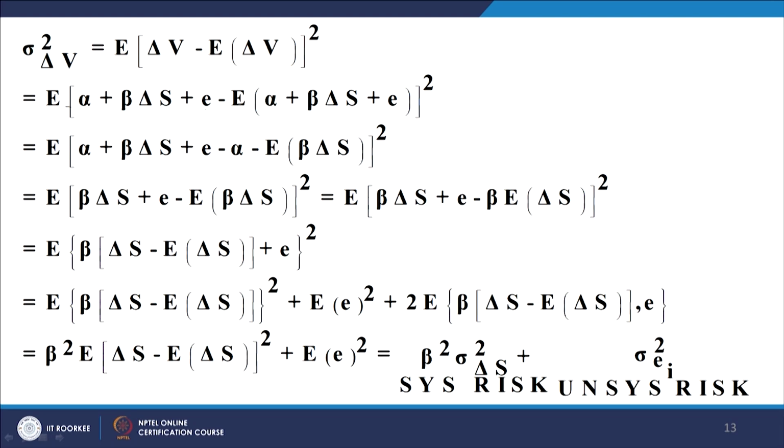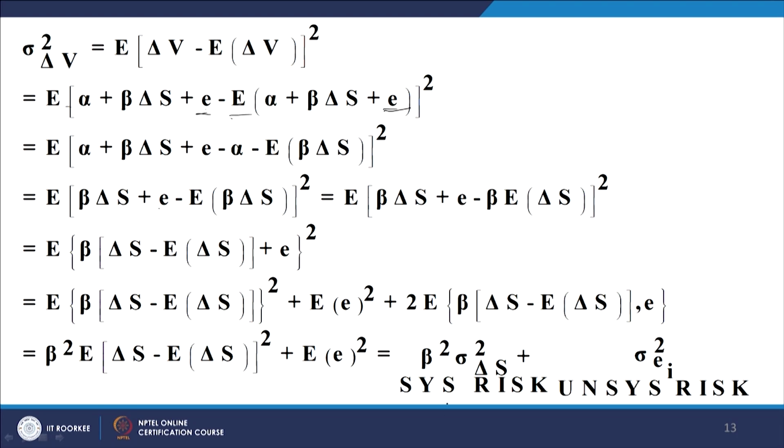The error term E remains, because the mean value of E is 0. So, E of alpha being alpha goes against this, and we are left with E of beta delta S minus E of beta delta S, and then we have the error term E.